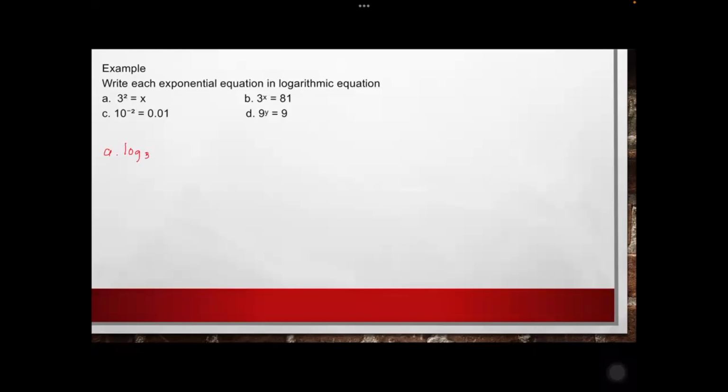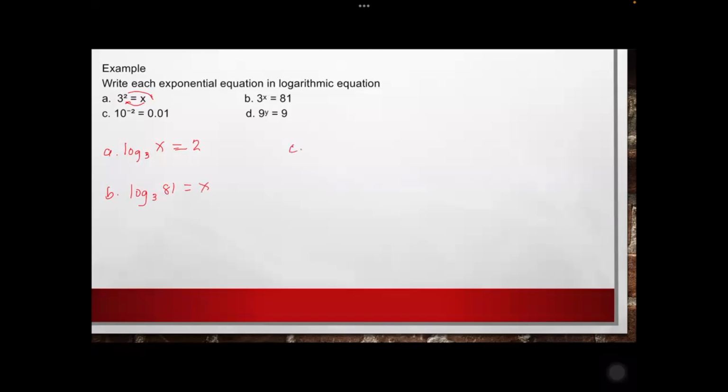Tapos, magkakaroon tayo dito ng x is equal to 2. So, magpapalit lang itong dalawang to. Ganyan. For the letter B, 3 raised to x is equal to 81. So, magkakaroon tayo ng logarithm. Yung base natin ay 3 pa din. Tapos, 81 is equal to x.